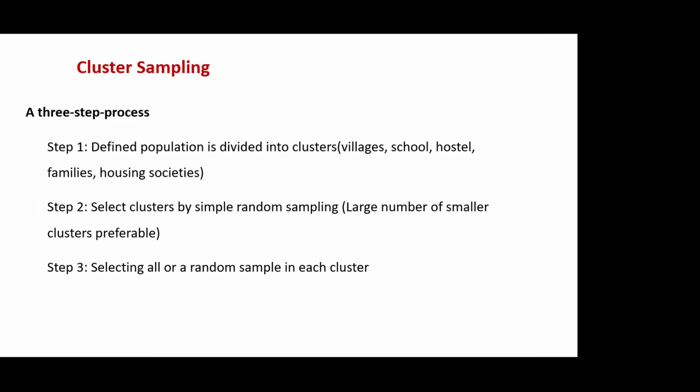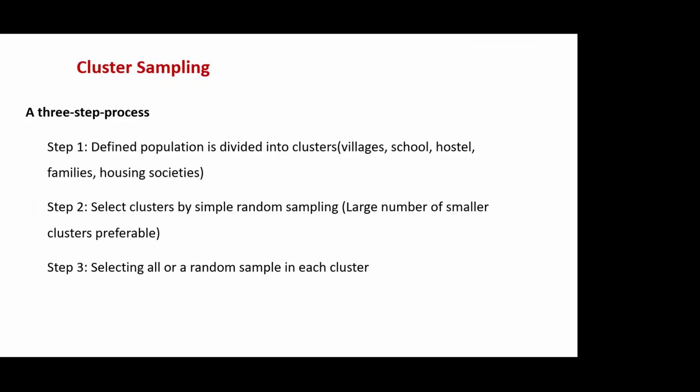Often as a student, I used to have a doubt. What is the difference between cluster sampling and stratified random sampling? Clusters are usually divided geographically or by some natural phenomena. Strata are something in which a researcher is interested, and they would be dividing them into different strata.